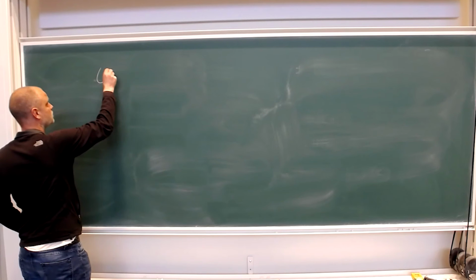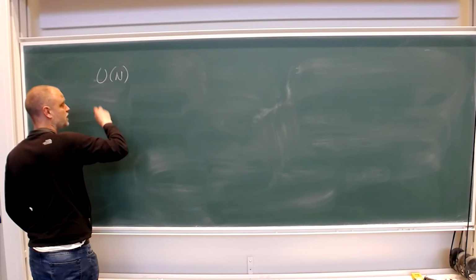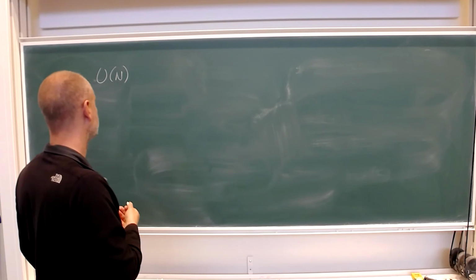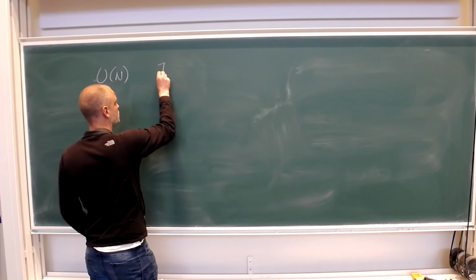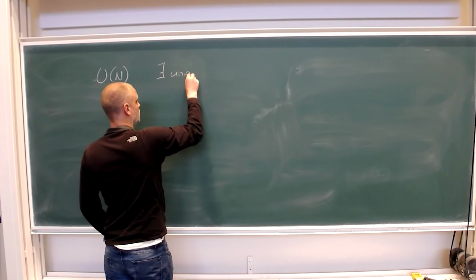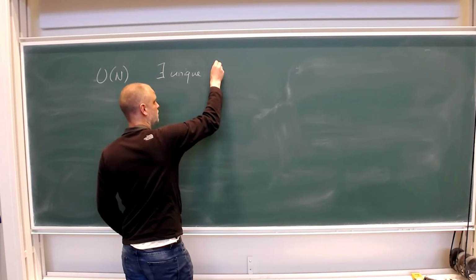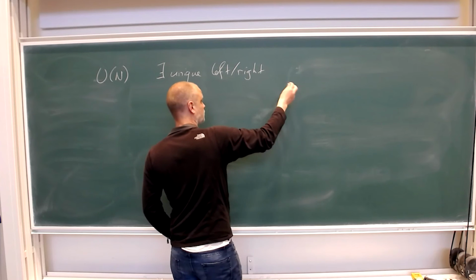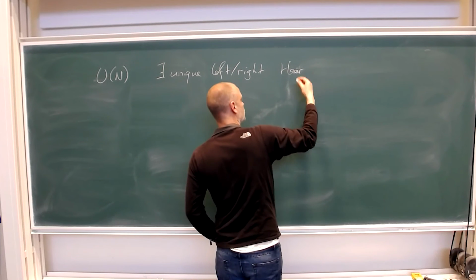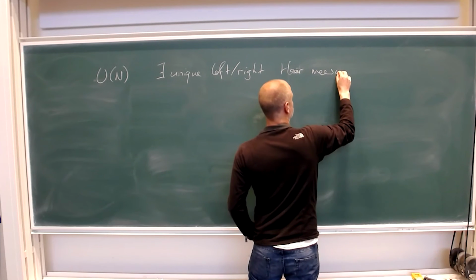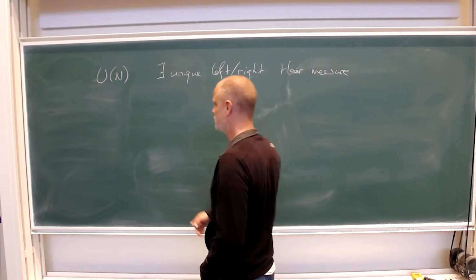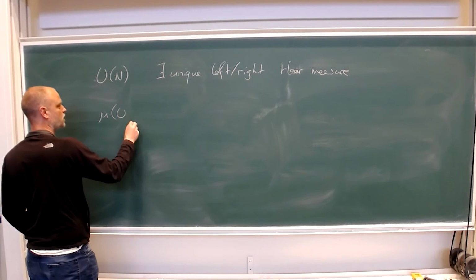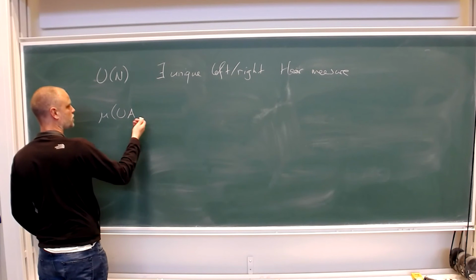U(n) is a compact Hausdorff group, so there exists a unique Haar measure, both left and right. And remember, it's natural to study measures.